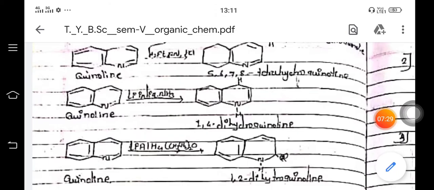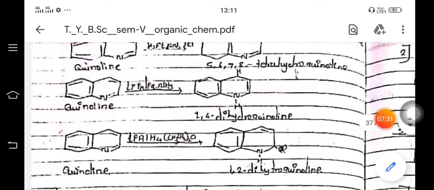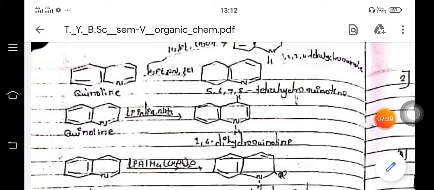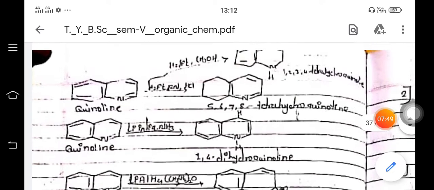So these are the reducing agents which we have studied. There are 4 types of reducing agents. One is lithium aluminum hydride, which selectively reduces the 1 and 2 positions. Second is the lithium reagent along with ammonia, which selectively reduces the 1 and 4 positions to form 1,4-dihydroquinolines.